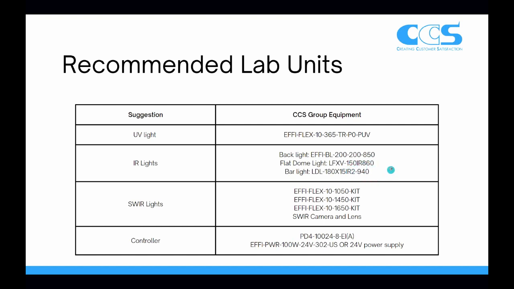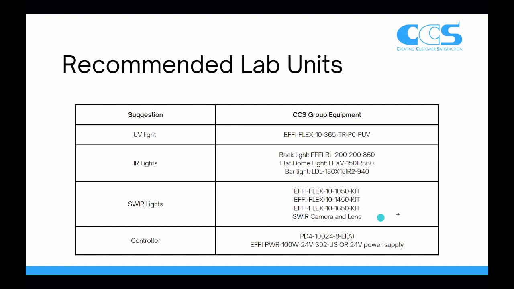And so having the options of all three of these is just good to, like I say, cover your bases. If you would rather do an FE Flex, whatever length, 850, obviously do whatever you want, but having a good 850, 860, 940 is a good overall fit for a lab.